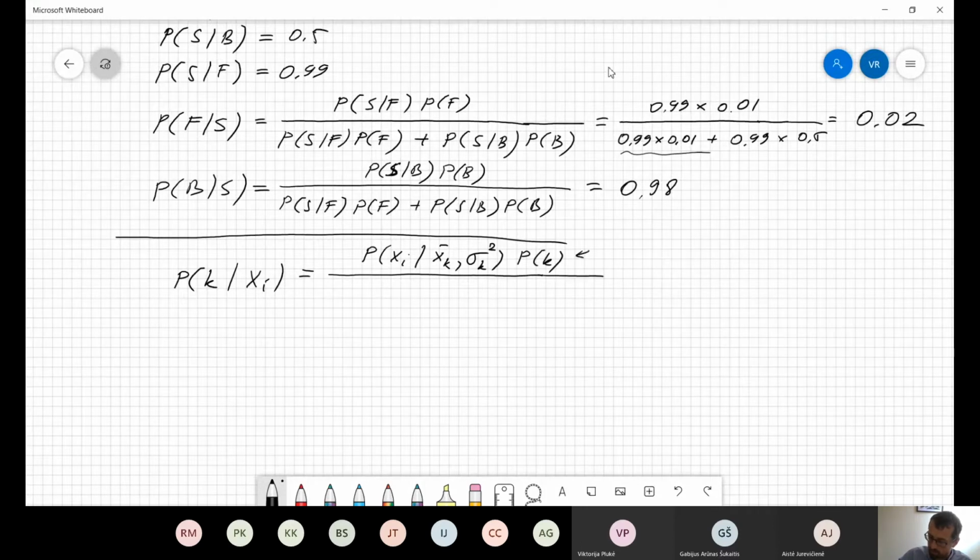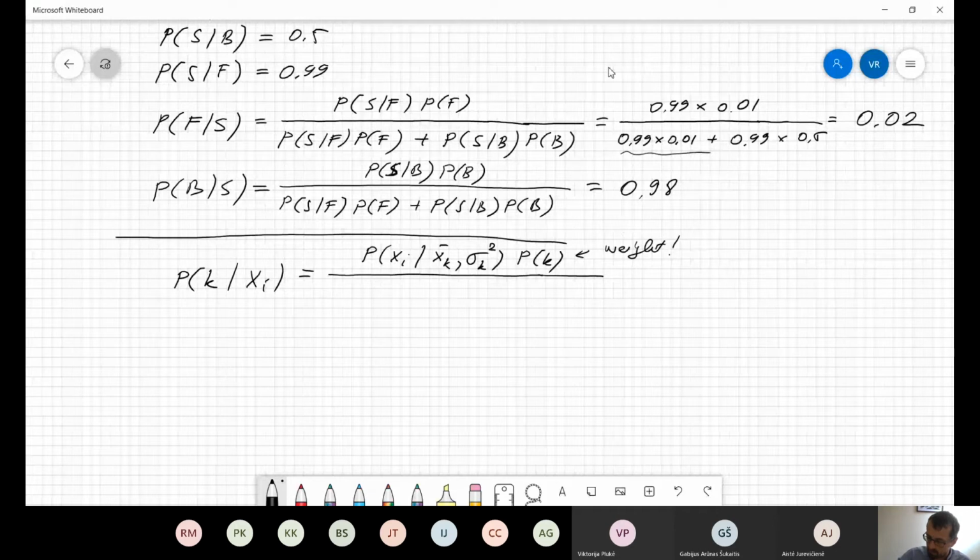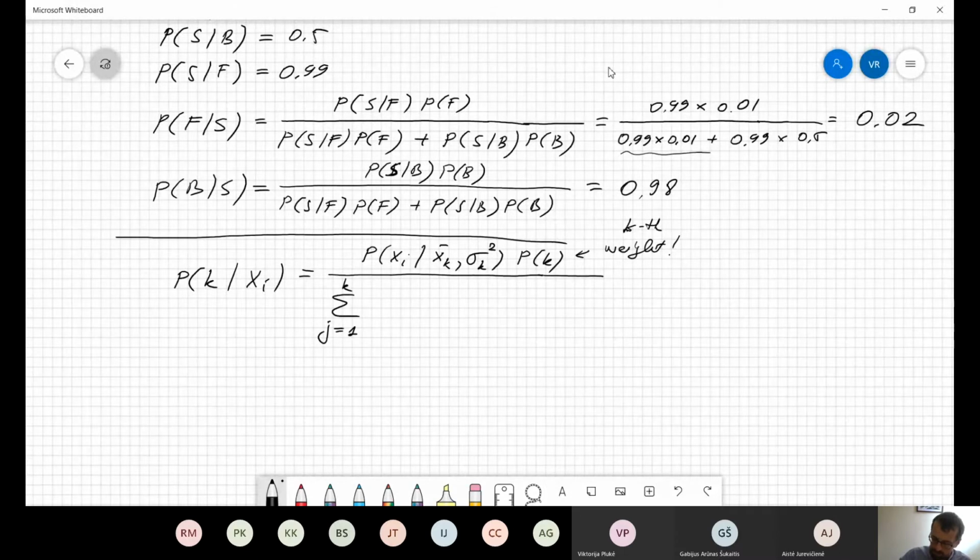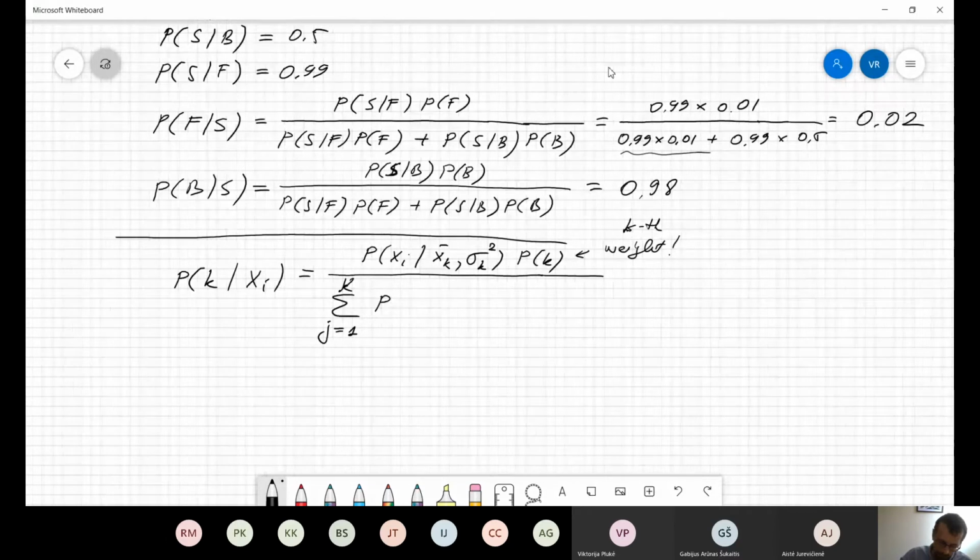This is a reminder, this is the cluster weight, right? And here we need to sum up all the possibilities, so j equals 1 to capital K, all the clusters.